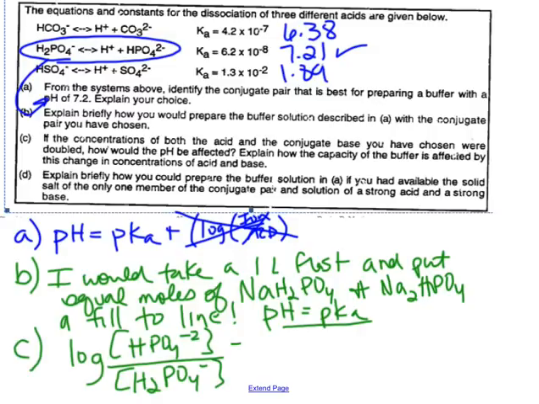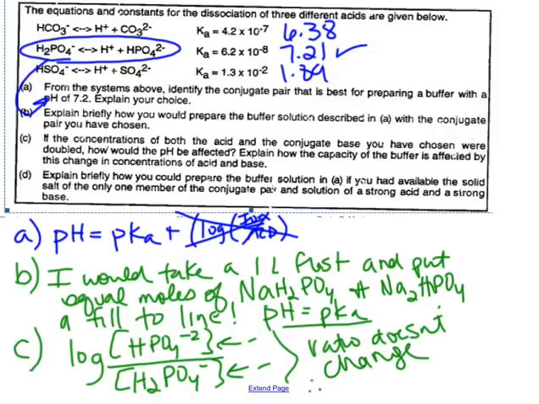If I were to just double both of these, it doesn't matter if they're the same or not, if we double both, we get a proportional change where the ratio doesn't change. The ratio doesn't change. pH doesn't change. Correct?